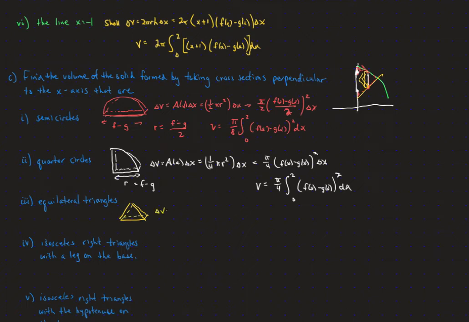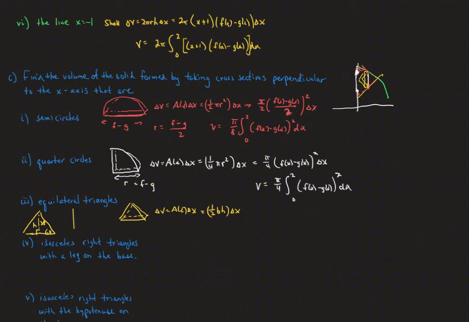So our delta volume is again going to be the area of the cross-sectional piece times delta x. Now our area is going to be 1/2 base times height. That's the area of a triangle. Now when we have this equilateral triangle and we drop in the perpendicular in order to get the height, that makes these into 30, 60, 90 triangles.